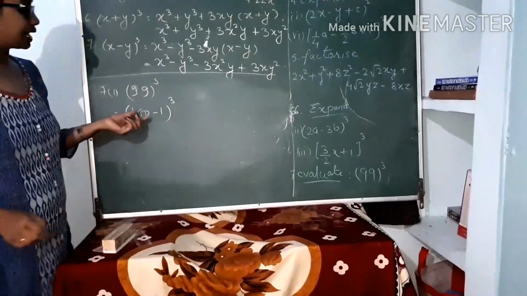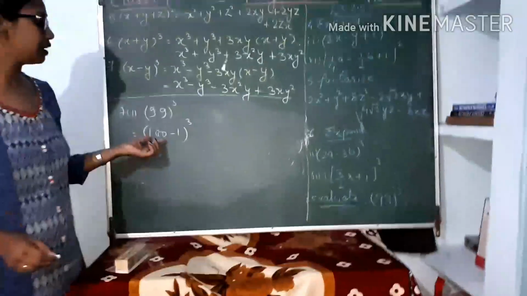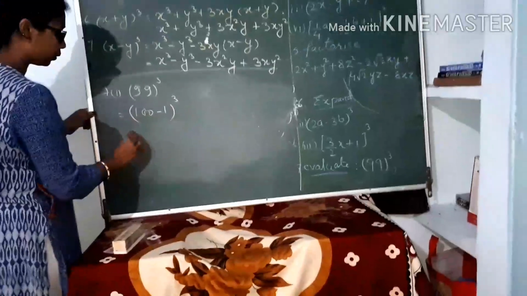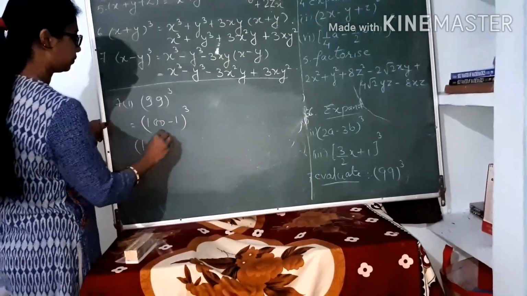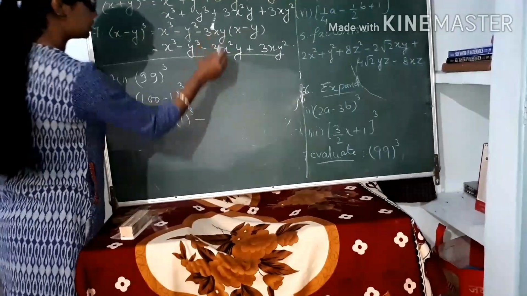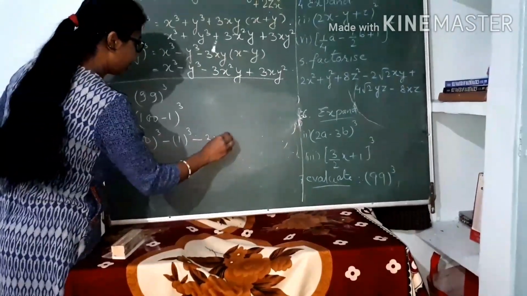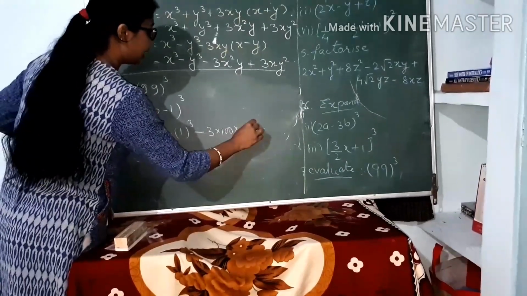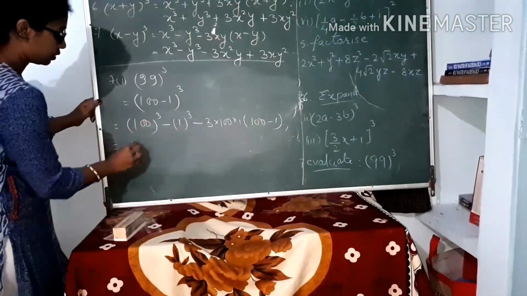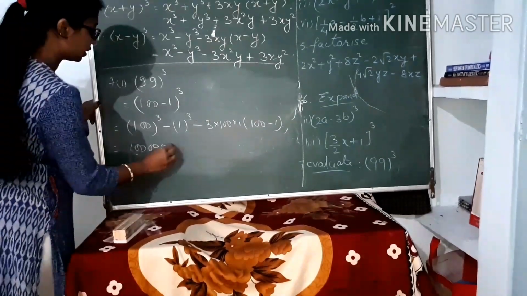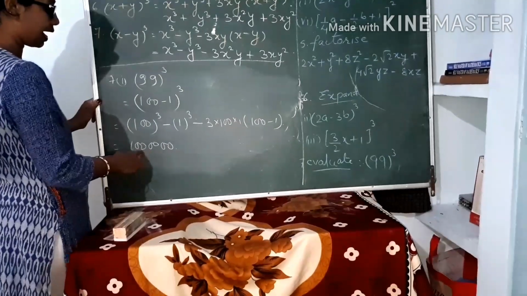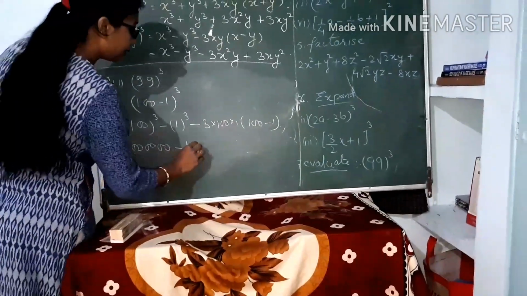So always select a number which will be easy for you to multiply. 100 cube minus 1 cube minus 3 into a into b and 100 minus 1. 3 pairs of zeros will give you 10 lakh, 1000, 10,000, lakh, 10 lakh, minus 1.